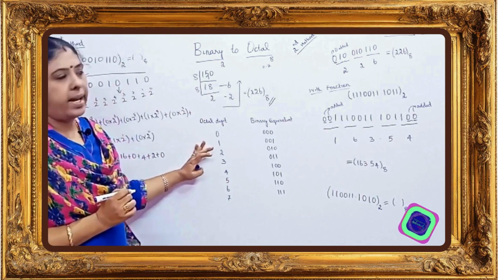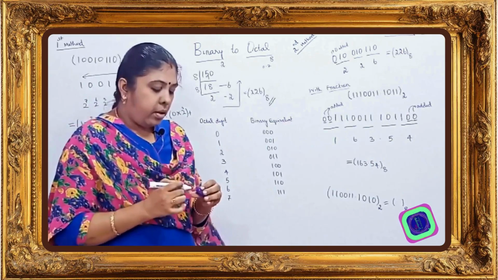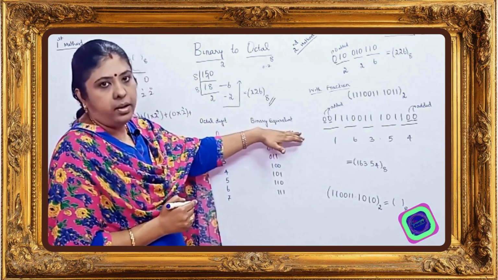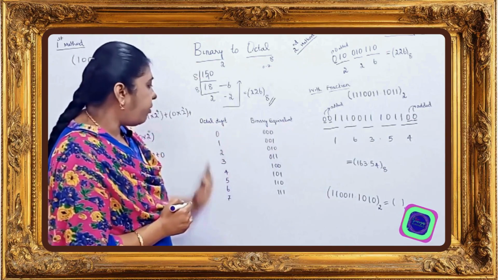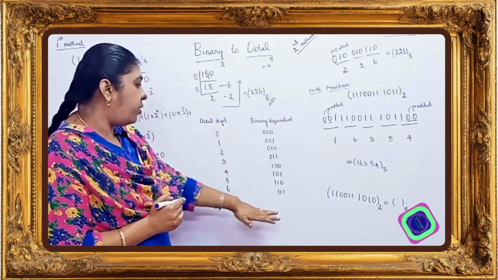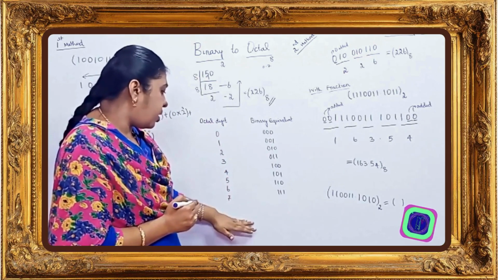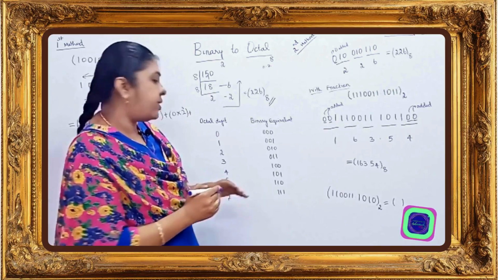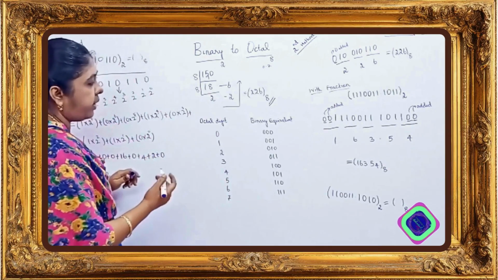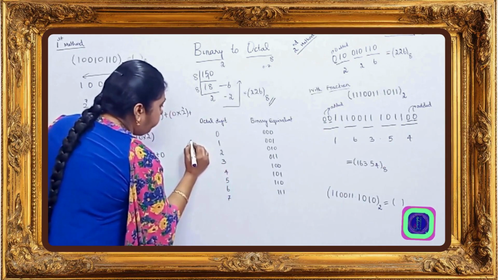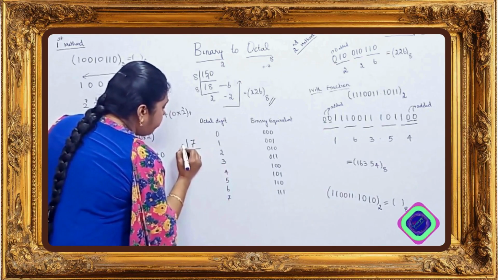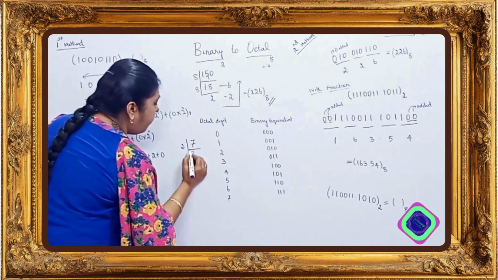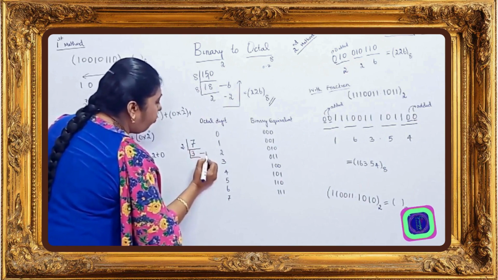Now consider the second method, called the grouping method. Here we have to find the binary equivalent of each octal digit, so we have written the binary equivalent values for 3 digits. Suppose you have a doubt how the octal digit is converted to binary, for example 7, how this value 111 comes. 7 is divided by 2: 3 times 2 is 6, remainder 1.